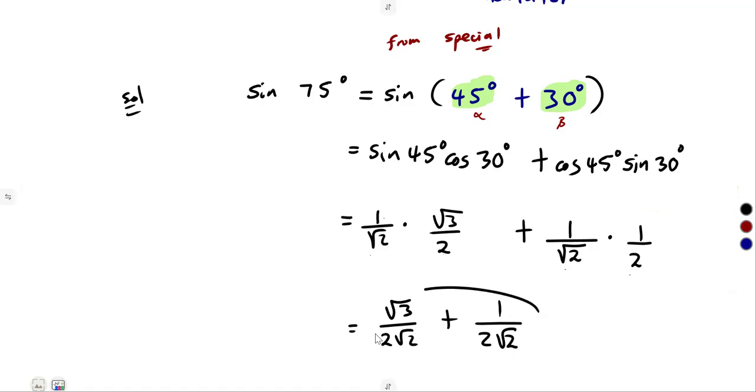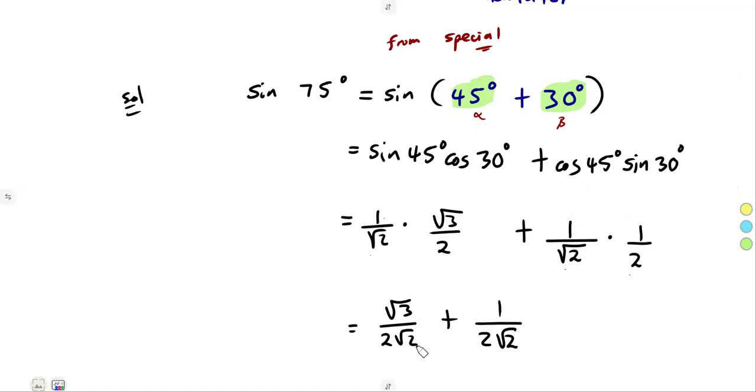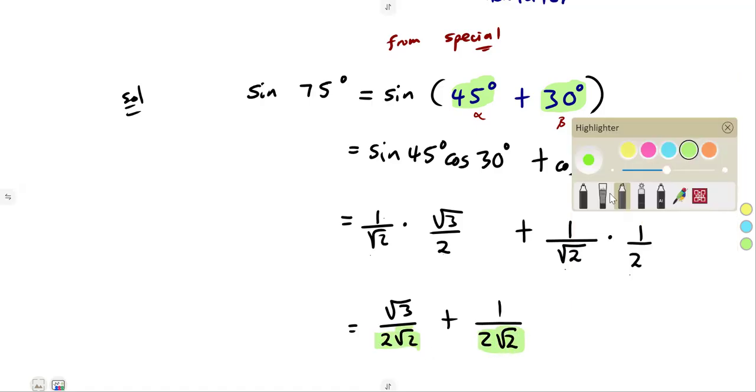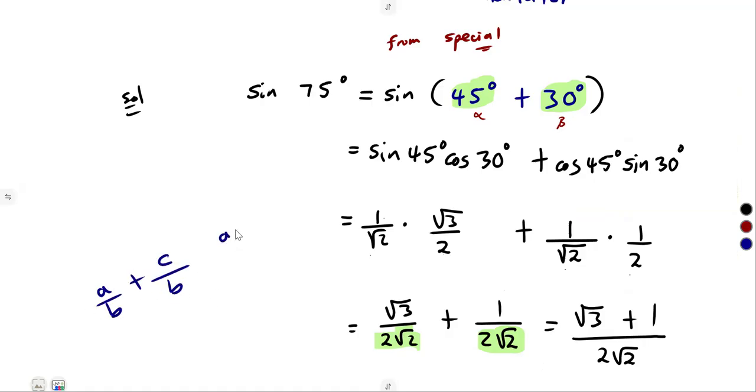The denominators are the same. So you can simply add the numerators together because of that denominator concept. So that will be square root of 3 plus 1 over 2 square root of 2. Remember, if you're given A over B plus C over B, just add A plus C over B. The denominator is the same.